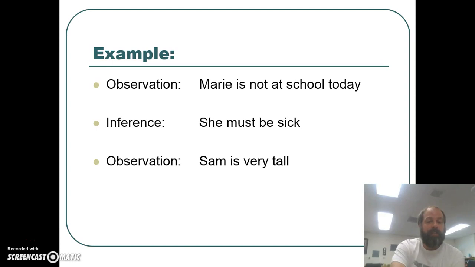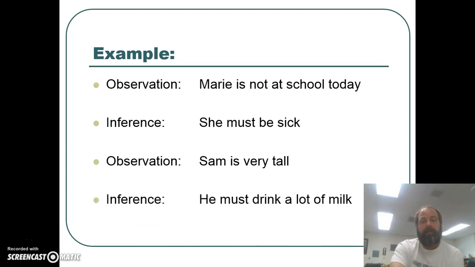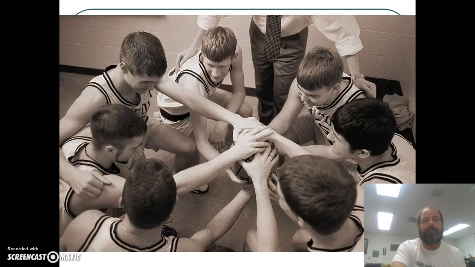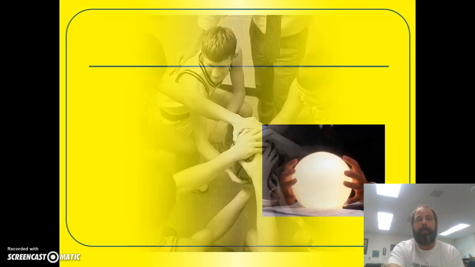Sam is very tall is the observation. Ooh, Sam must drink lots of milk. So these inferences are not necessarily true. They just attempt to explain your observation. All right, pause it right now and make an inference about this picture you see. All right, welcome back, and you guys should have written in your notes an inference about this picture here.